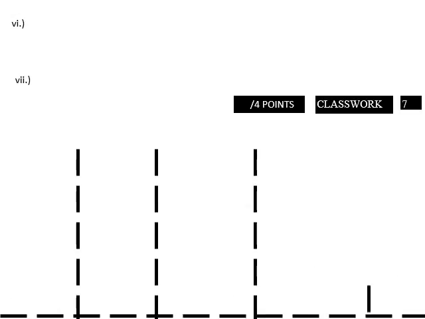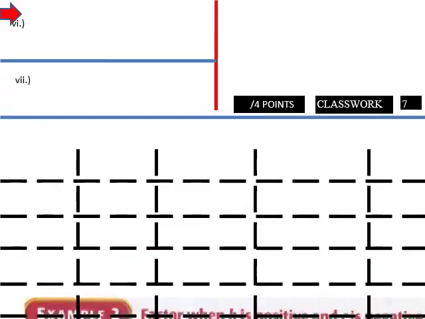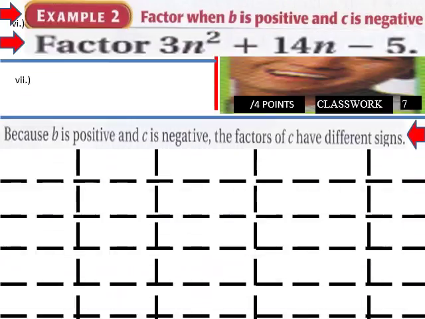You have to go through a process like that. Okay, factor 3n squared plus 14n minus 5. Because b is positive and c is negative, the factors of c have different signs.